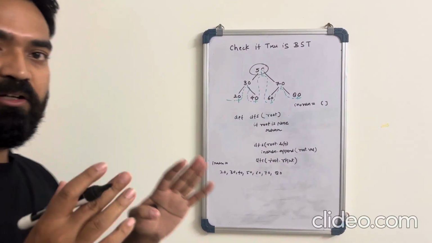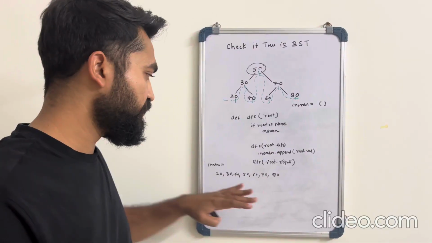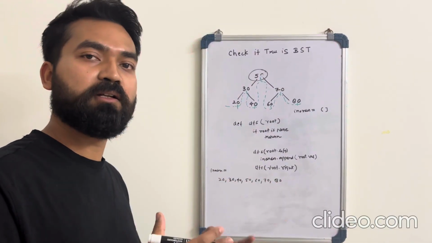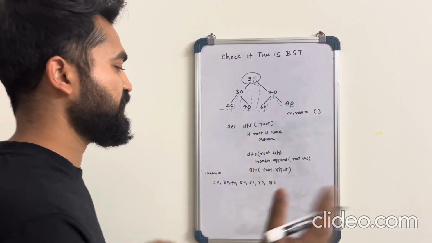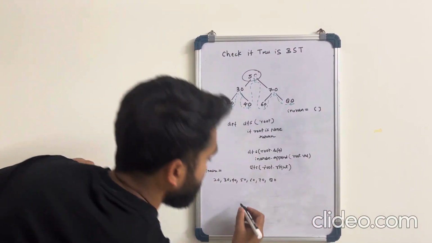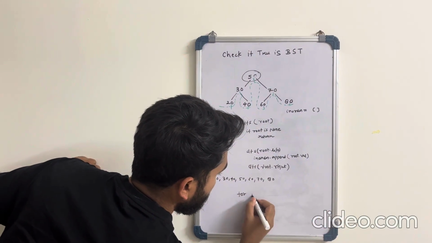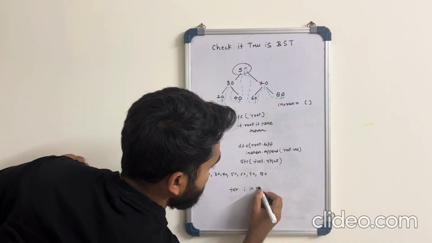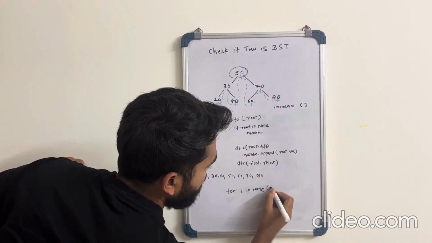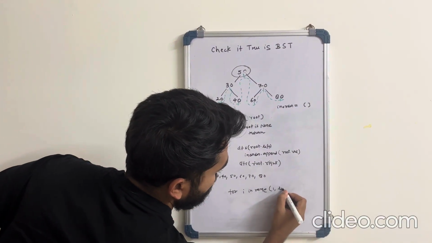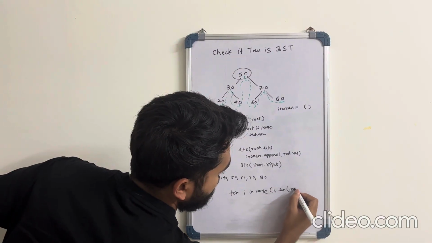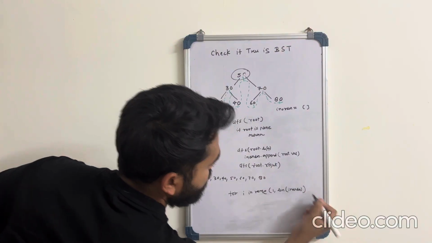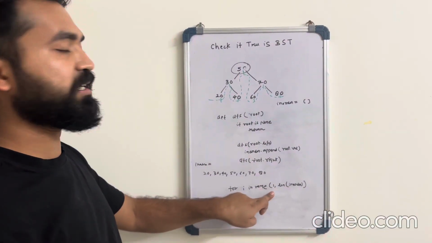Now we need to write a function to check if the in-order traversal that we have got is sorted or not. We can simply write a loop: for i in range 1 to length of our in-order traversal. Why are we starting with 1?